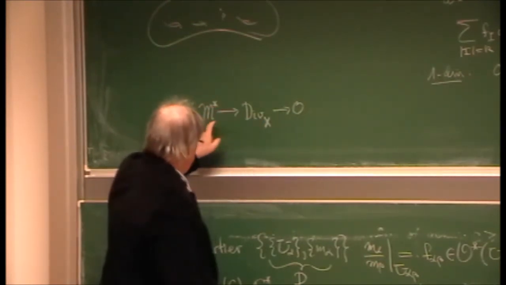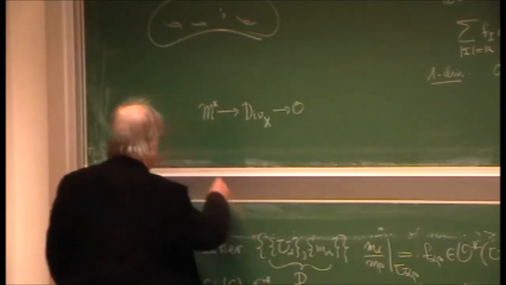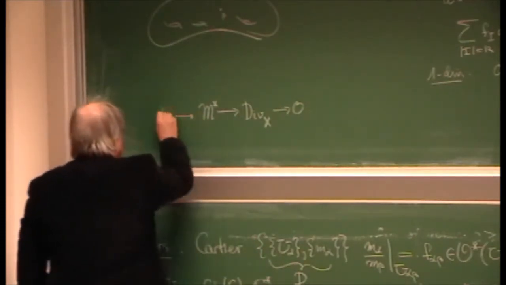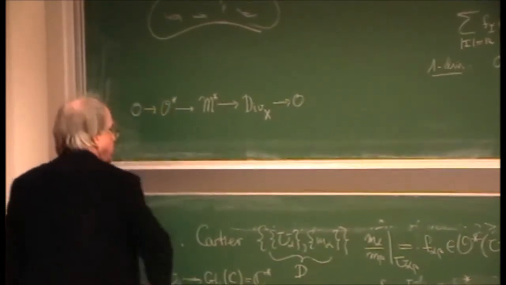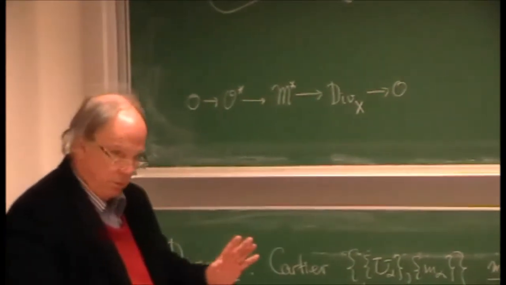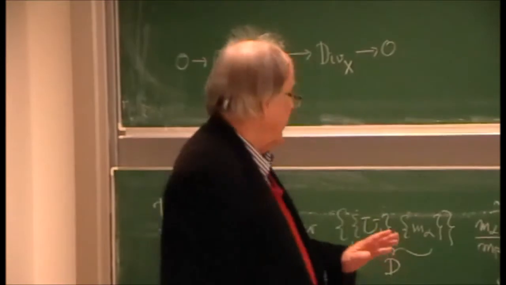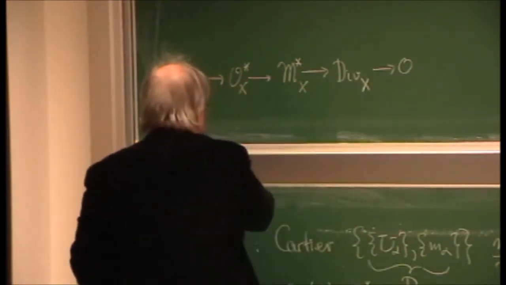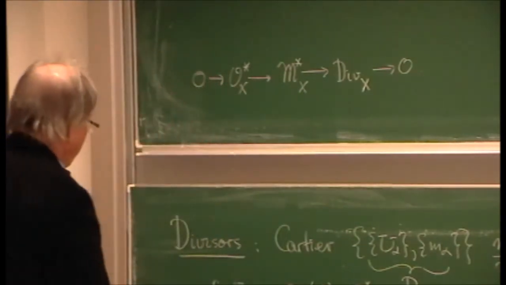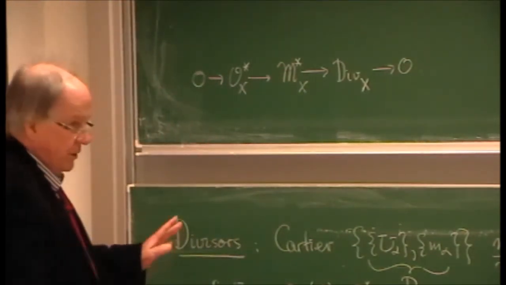So locally, there's a surjective sheaf map, and of course, the holomorphic functions are the ones that define the zero divisor. So maybe I should put X everywhere here. If I'm not sure where I am, I put the X down there. So I would like to talk about this.